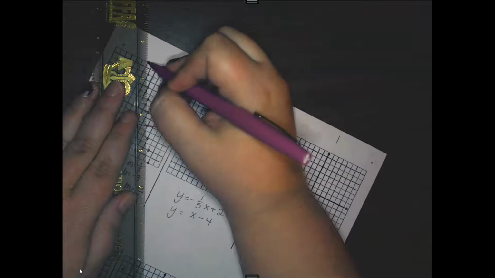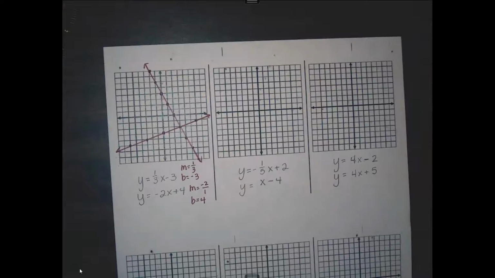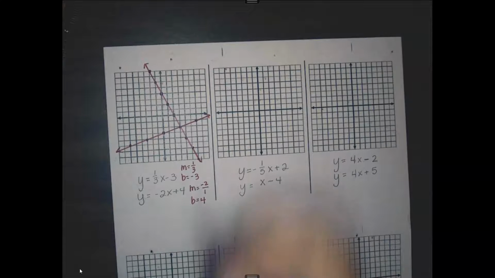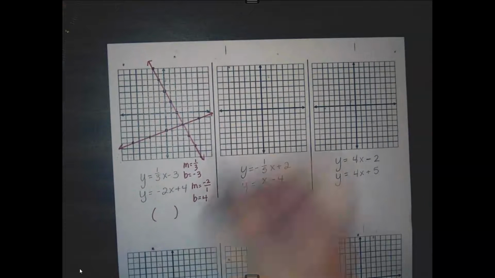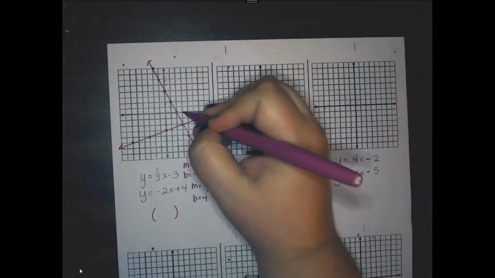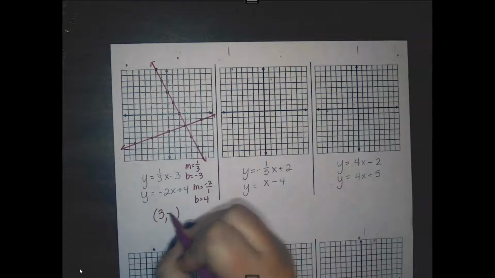Connect that one. Okay, so you should have had those both drawn. And so let's look at our solution here. 1, 2, 3. Our y value is -2.